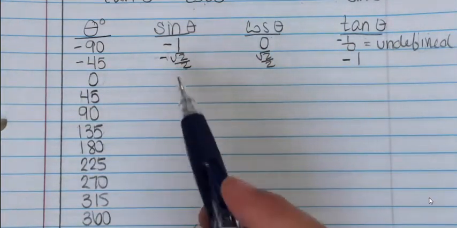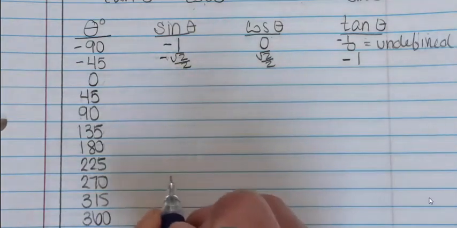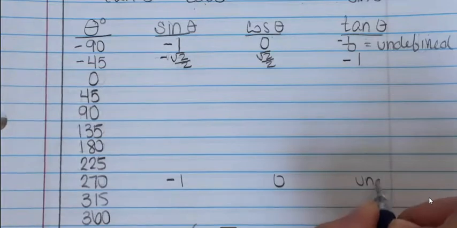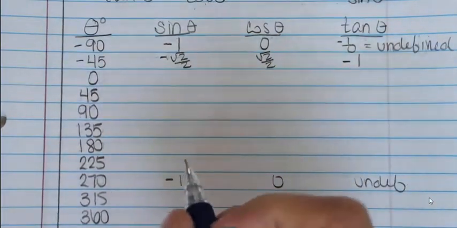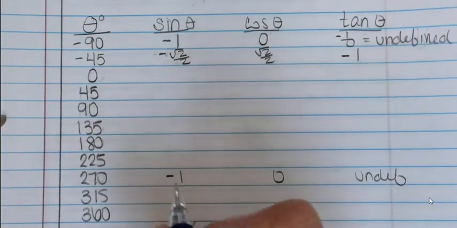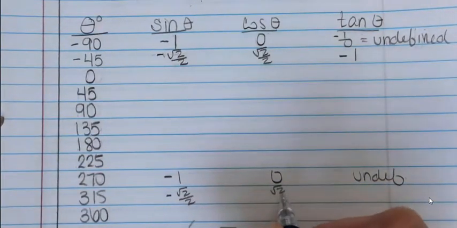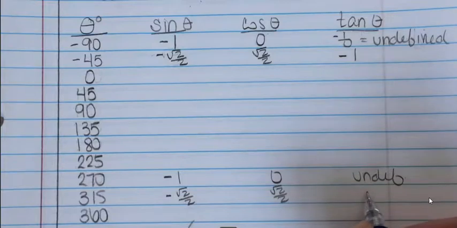Okay, so we also just took care of 270 degrees, right? This was negative 1, 0, which gave us undefined. And we also just did 315 degrees, which was negative root 2 over 2, root 2 over 2, which is negative 1.